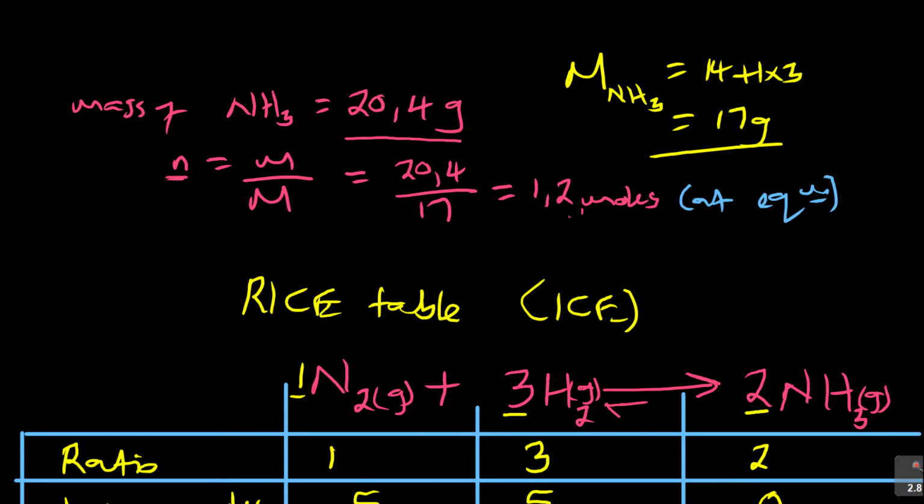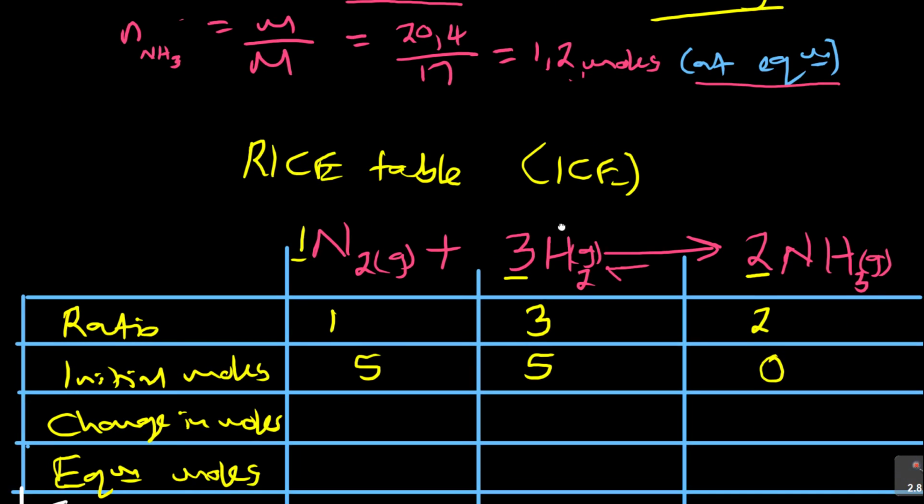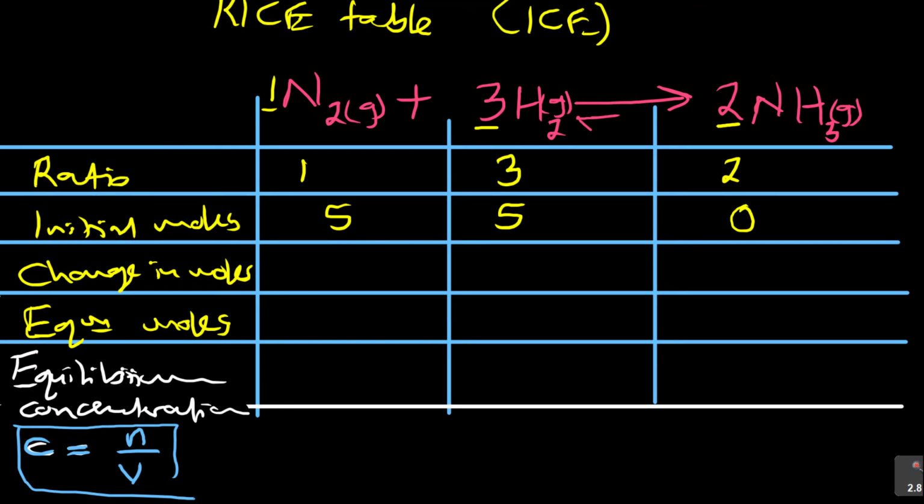Remember, n is moles. So this is the formula for moles of ammonia. Or you can write n of NH3, meaning moles of NH3 at equilibrium. Don't forget that. So I can come here now, 1.2 moles at equilibrium.